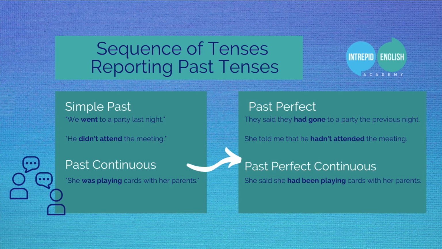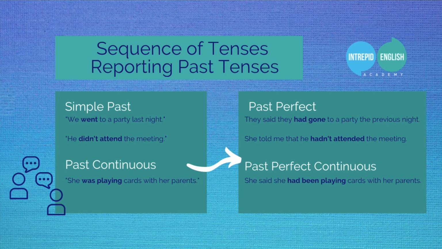The past continuous is transformed to the past perfect continuous. She was playing cards with her parents. She said she had been playing cards with her parents. Now, this is where some students find it difficult because you have she said. Said is a main verb there. She had been playing, okay? Had and been are auxiliary verbs which are used to create the past perfect.